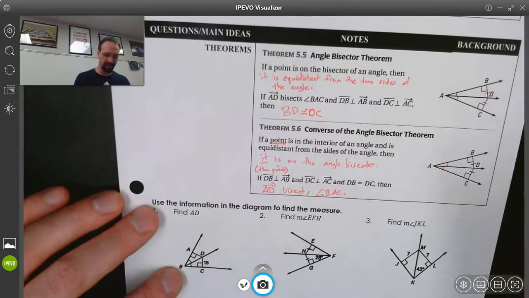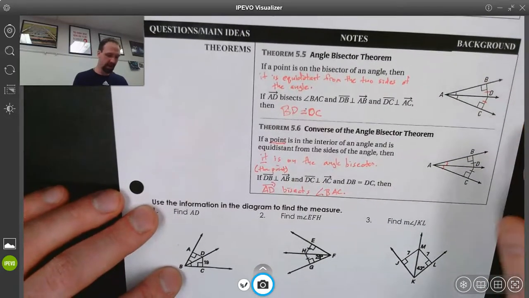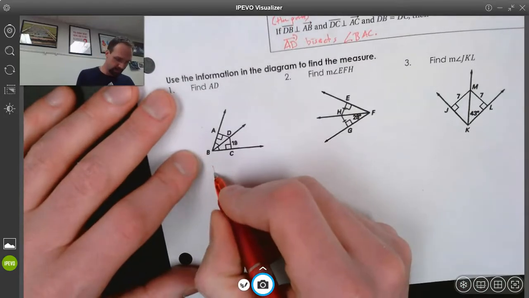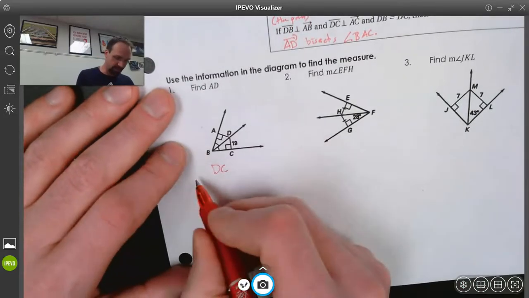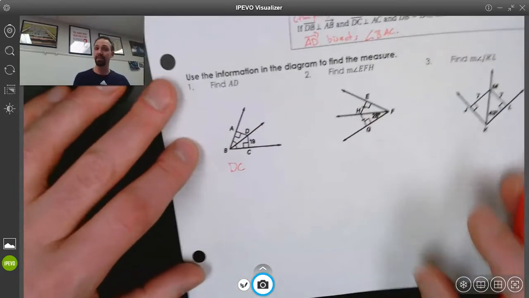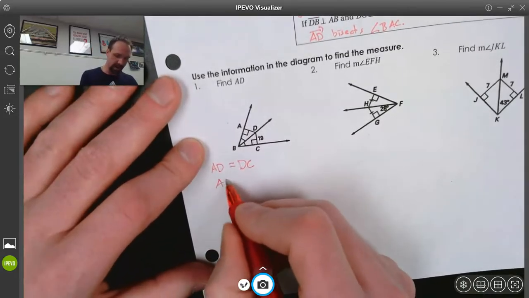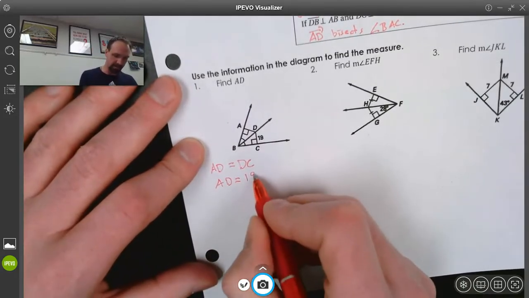So this one fits this scenario. So I know the length of DC is going to be the same as the length of AD, and we're trying to find the length of AD. So I'm going to put AD is equal to DC, and I know that AD then is equal to 19.